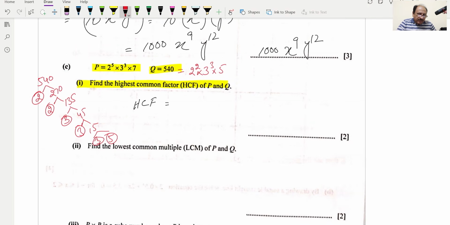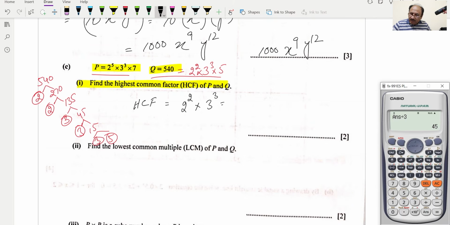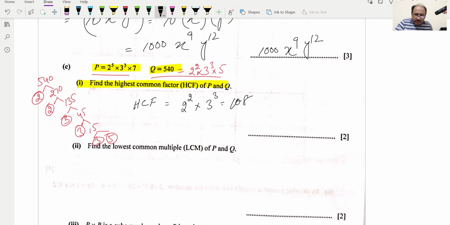Now we will check from P and Q prime factors which are common in both. So this will be 2 raised to the power 2 and 3 raised to the power 3. These are common, and we can check with the help of a calculator. 2 raised to the power 2 multiplied by 3 raised to the power 3 is equal to 108. So 108 will be the HCF.